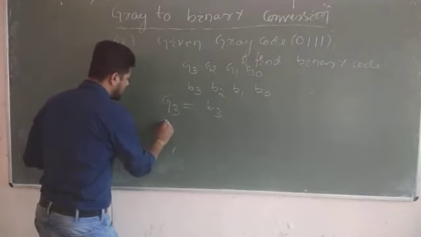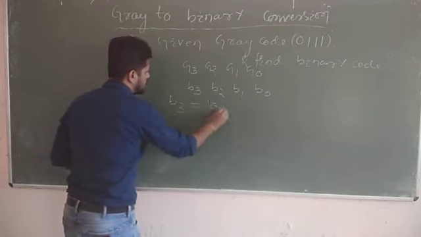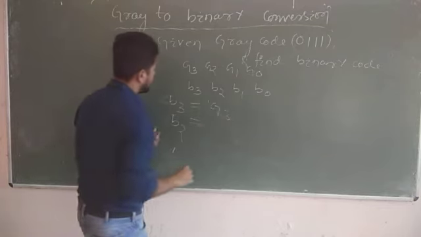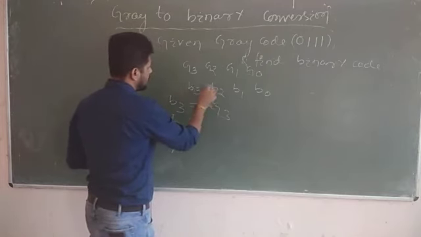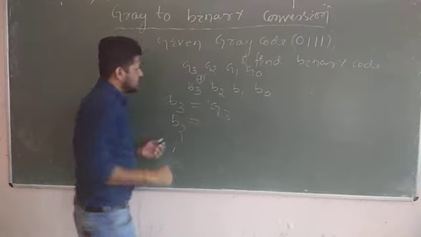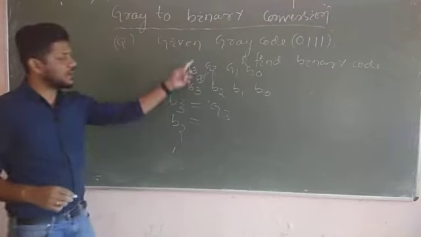In order to find B3, it is directly G3. In order to find B2, B2 is equal to B3 XOR G2.